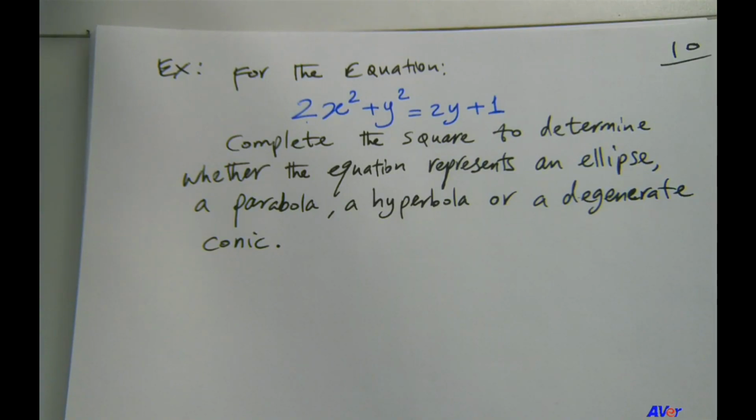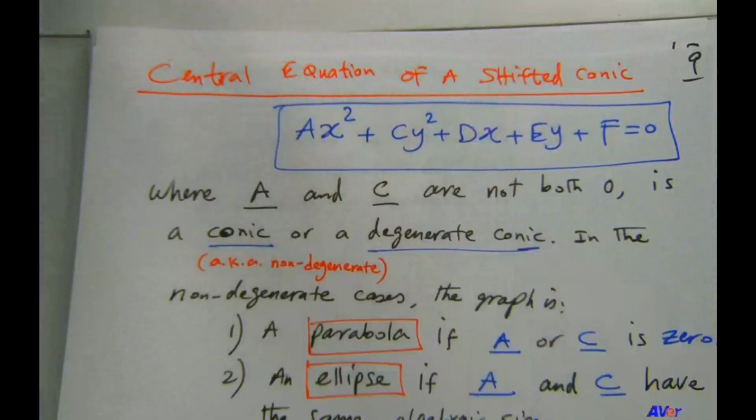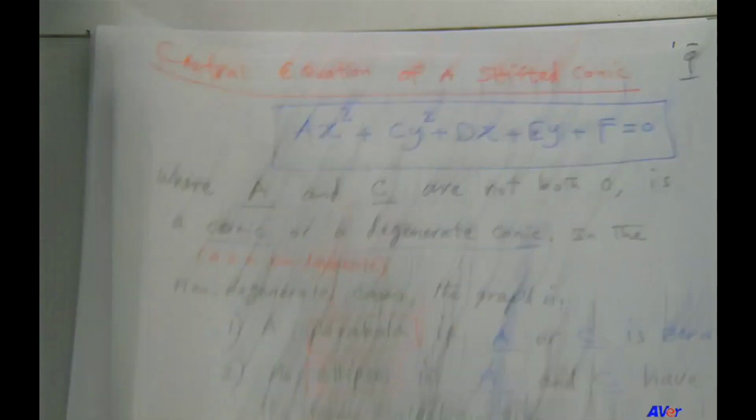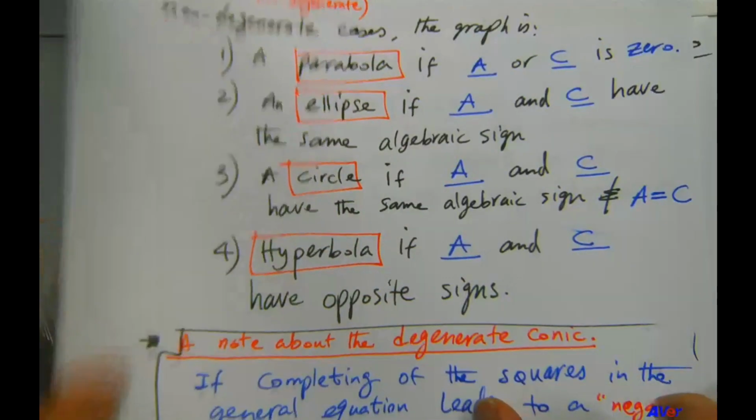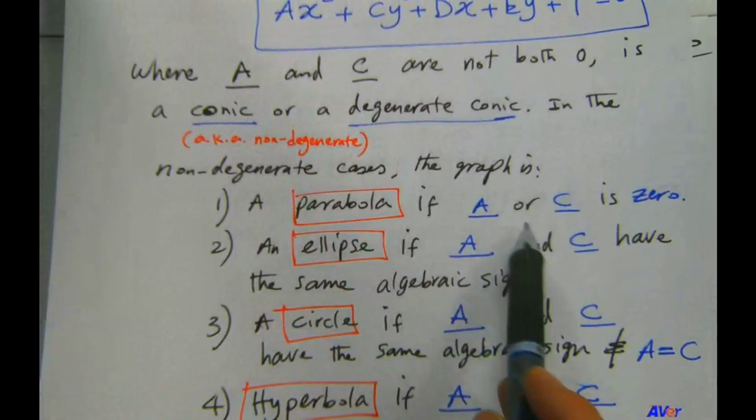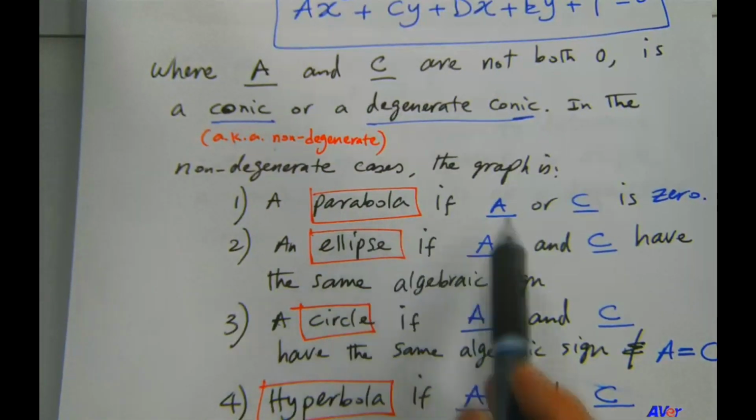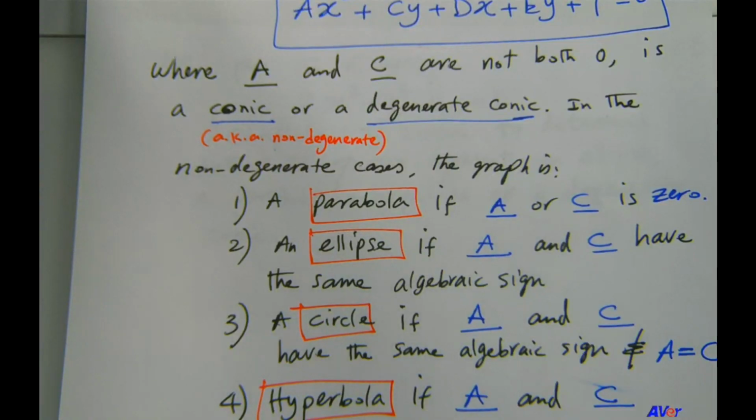Or a degenerate case. Because in this slide, we said that a central equation of a shifted conic, defined as that, can be a parabola if A or C is 0. One of them should be out, right? We know that from the equation of a parabola.